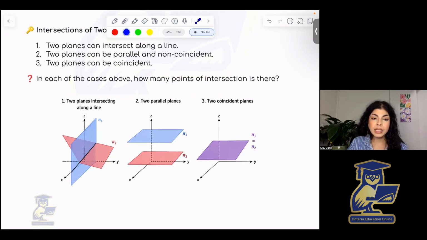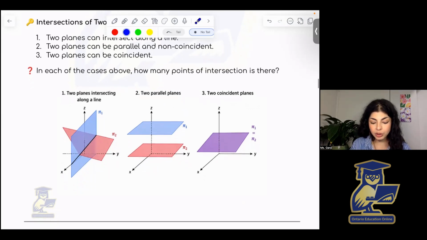And in each of these cases, how many points of intersection are there? So in case 2, where you have two parallel planes, these two planes will not intersect at all. So you will actually have 0 points of intersection. However, a big difference when it comes to intersection of planes, different from the intersection of a line with a line and a line in a plane, is that when two planes intersect, they intersect along a line, which means that any point on this line will be a point of intersection.